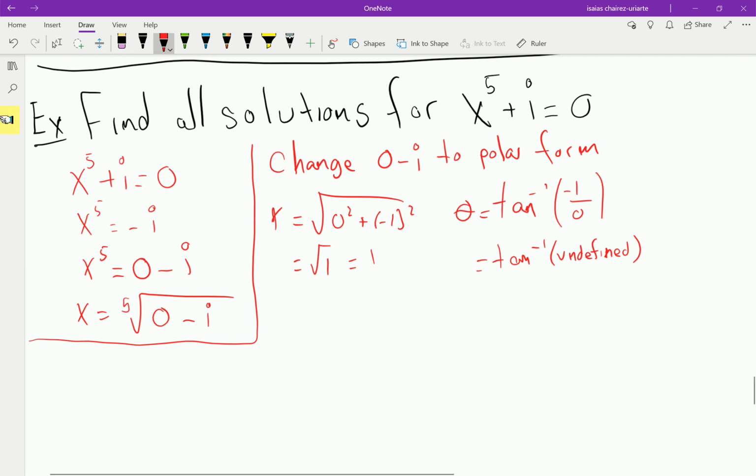So also think about this complex number, 0 minus i. Think about how it looks in the complex plane. So these are my reals, this is my imaginary axis, and 0 minus i is down here.